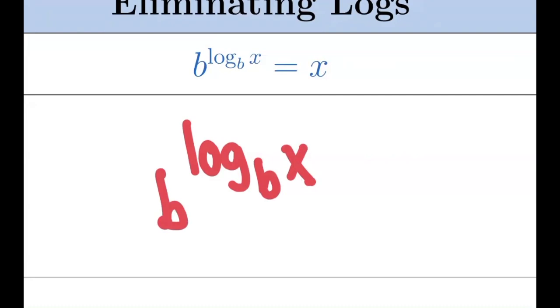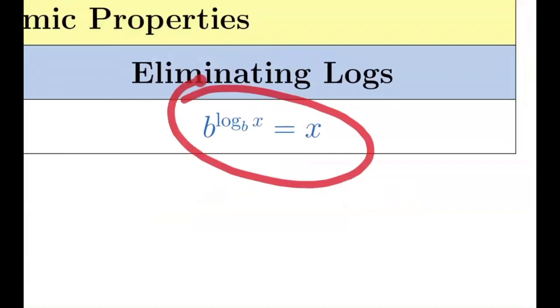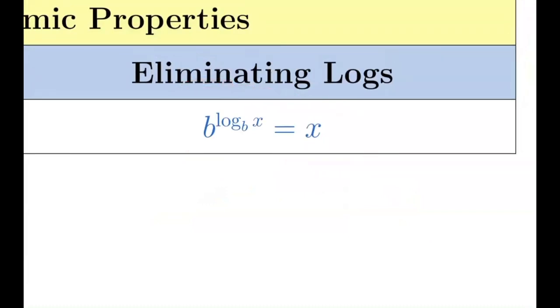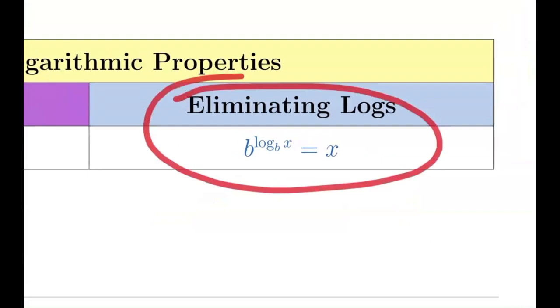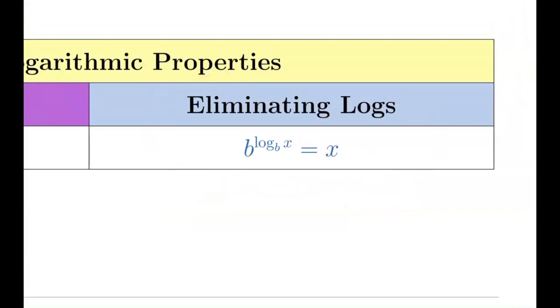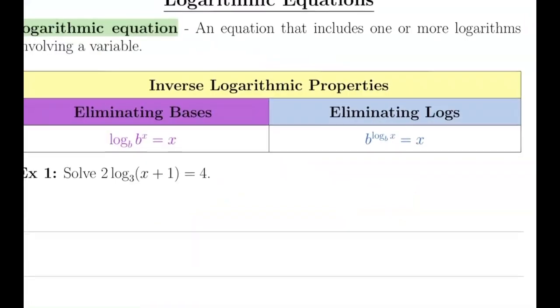The base b and the log base b will cancel, and you'll just get x. We're going to be using this property today because we're solving logarithmic equations and trying to eliminate the log. In summary, to eliminate the base, you have to use logarithms, and to eliminate the log, you have to use exponentiation. You have to raise it to an exponent with some base.